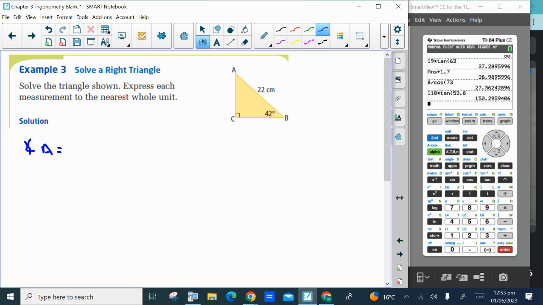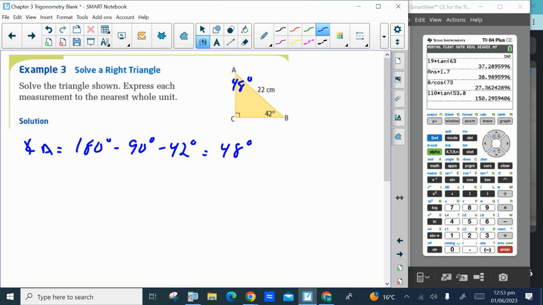The 3 angles of the triangle always add up to 180 degrees. Or we can find angle A by going 180 minus the other 2 angles, minus 90, minus 42, which I think is 48 degrees. So there's the measure of that angle.